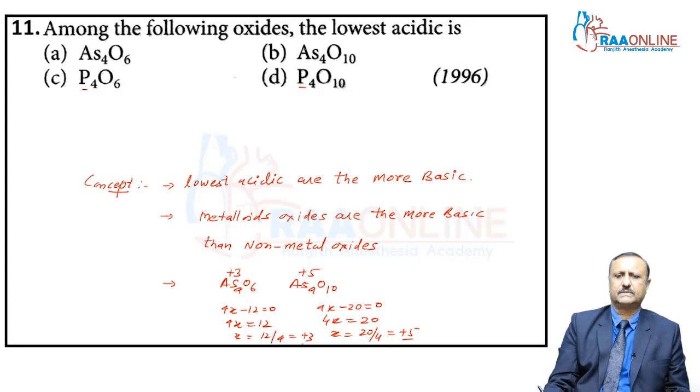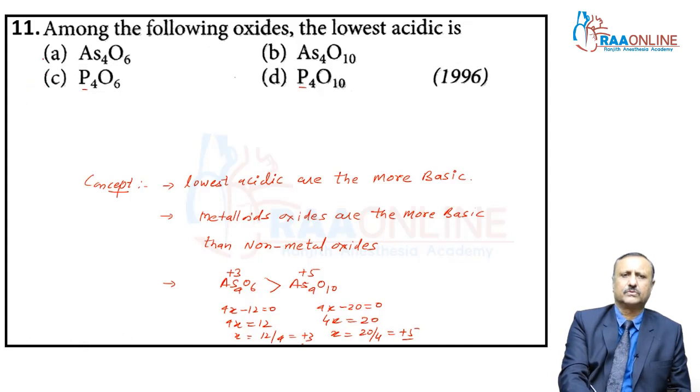So, my dear students, the metalloid oxides are the same, but the oxidation state is higher in one and lower in the other. With a higher oxidation state, oxides are more acidic, so less basic, and the lowest acidic oxide is more basic. So you can go to option A, that is As4O6.